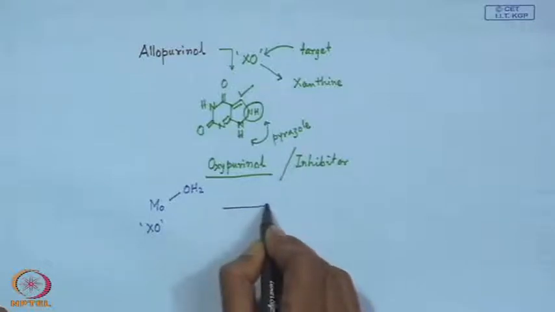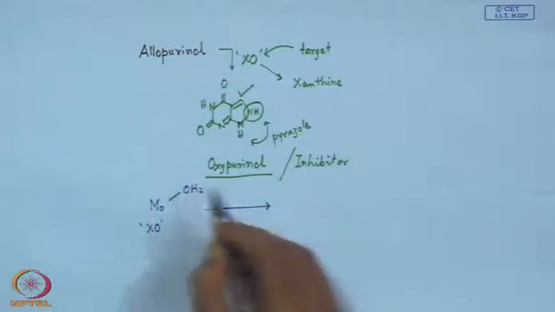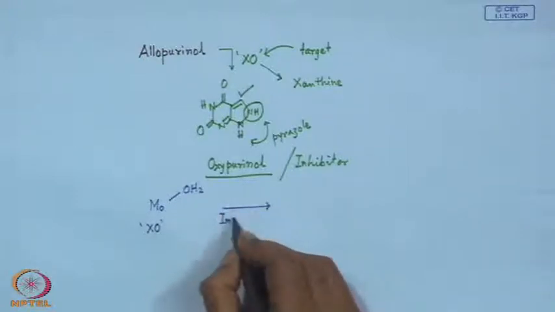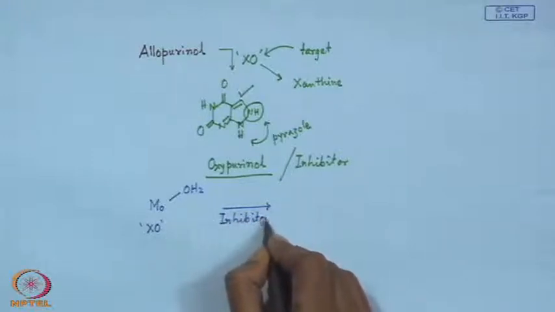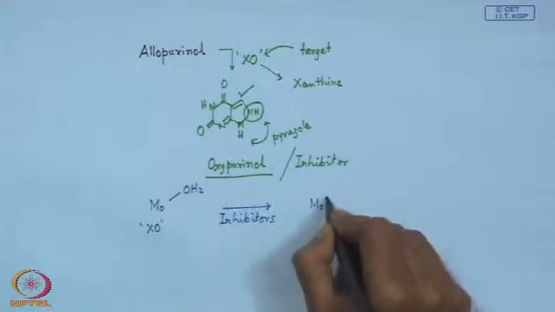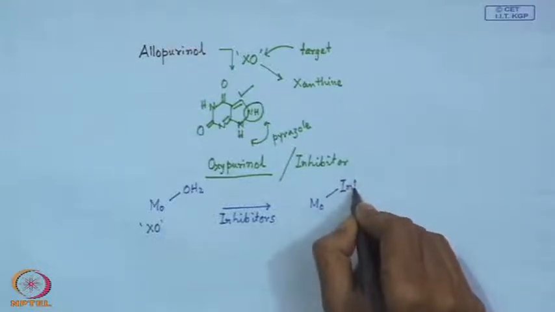So, due to the displacement of this water molecule, we can put different types of inhibitors such that the same molybdenum site is bound to the inhibitors.